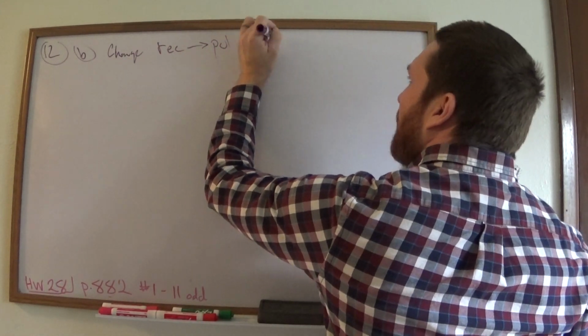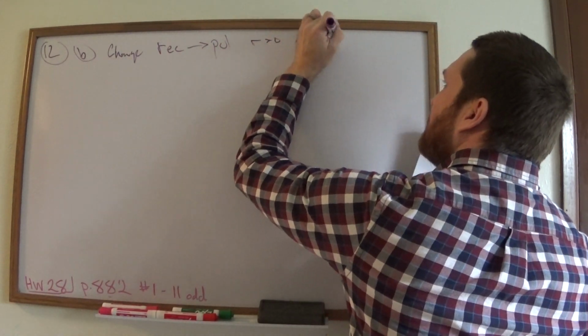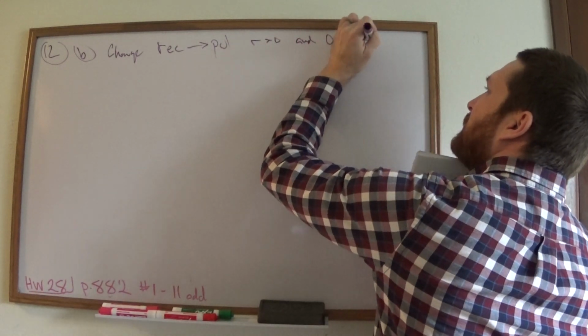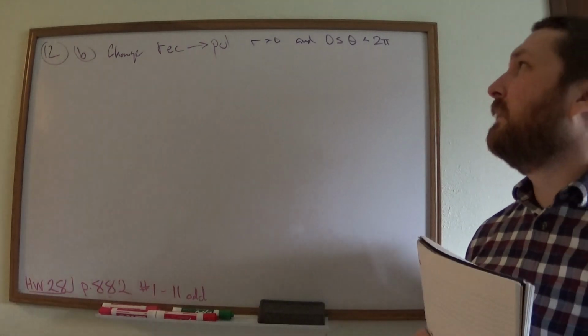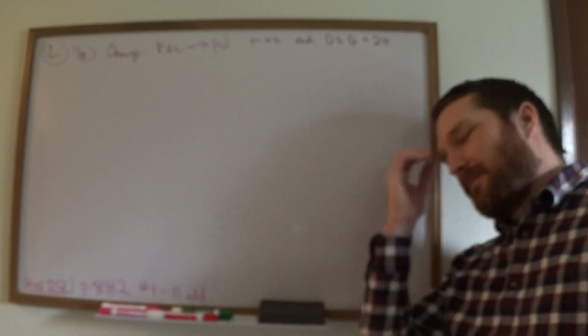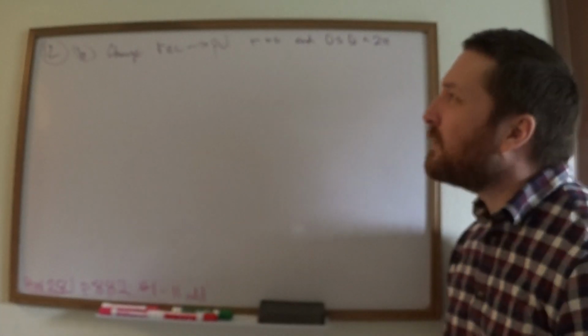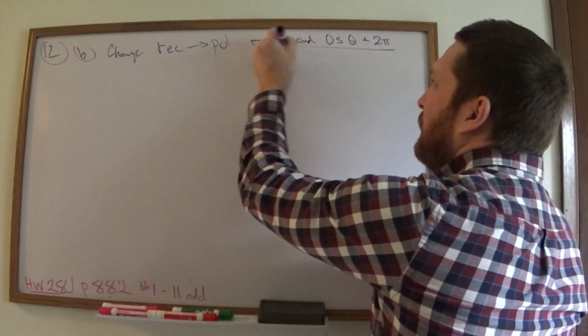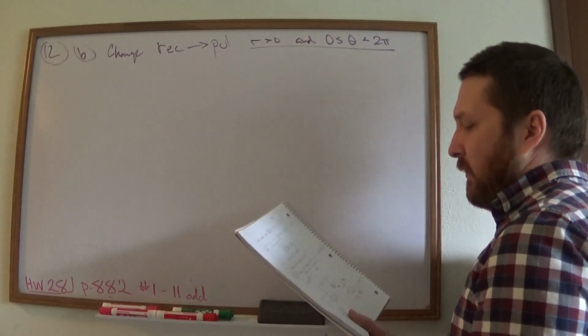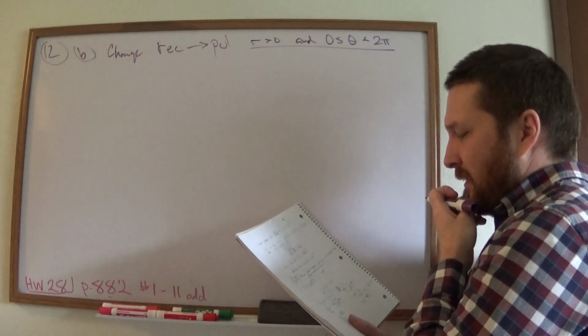But where r is positive and theta is between 0 and 2 pi, now it's unique. Everything's unique except for the point 0, the origin, which is always weird. But here we go.